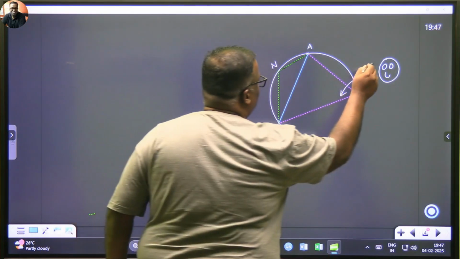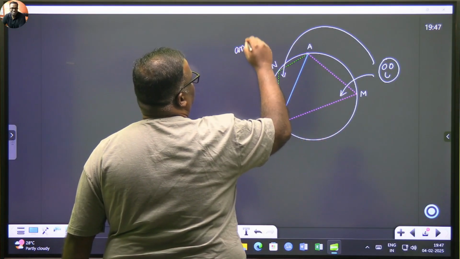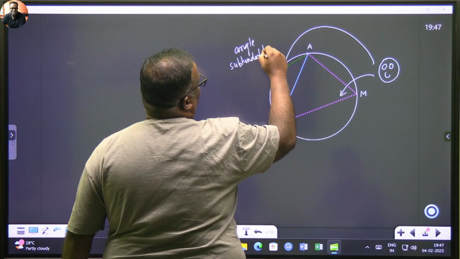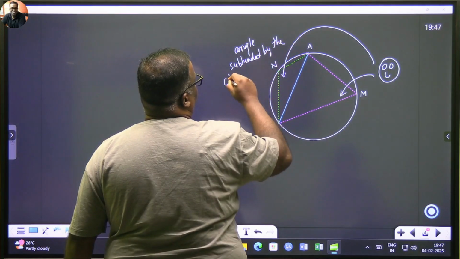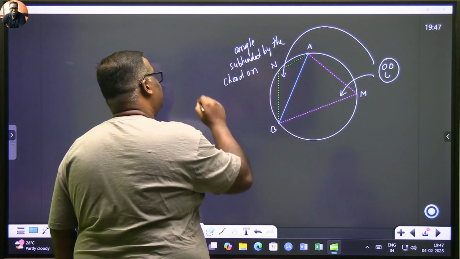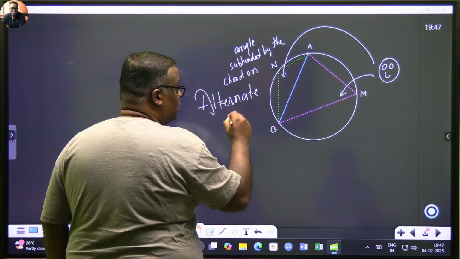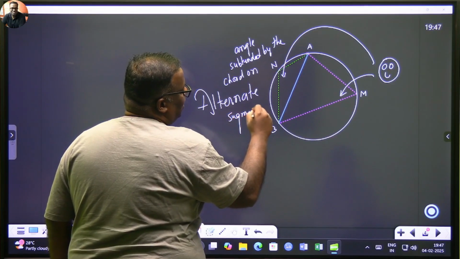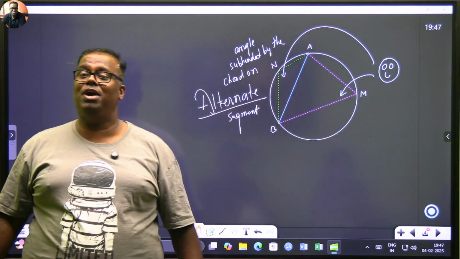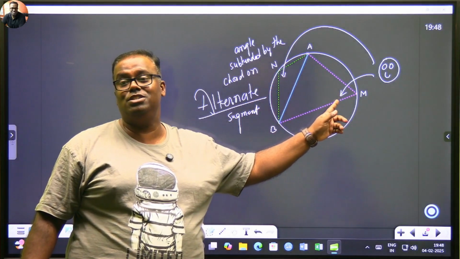And if you want to see this one, then you will say that this is the angle subtended by the chord on... we have a better word. This will be the word they will use, alternate segment. So you should very well understand the meaning of alternate segment. Alternate does not mean minor. If you are concentrating on this side, then this segment is the alternate segment.